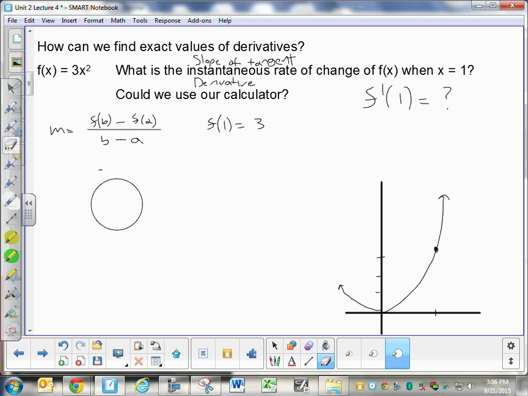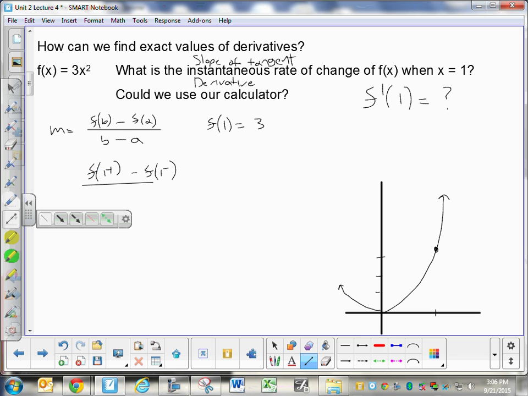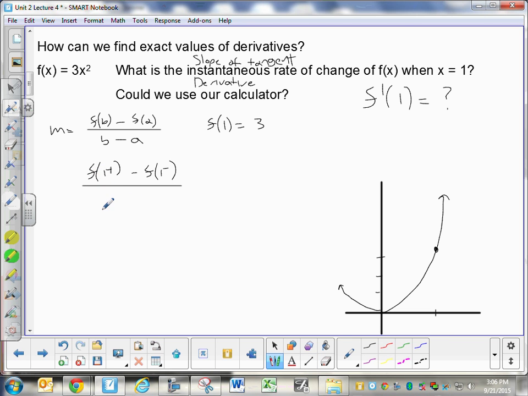Well, let's take f of 1 plus and subtract f of 1 minus, and then divide that by 1 plus minus 1 minus. And what do we use for that?